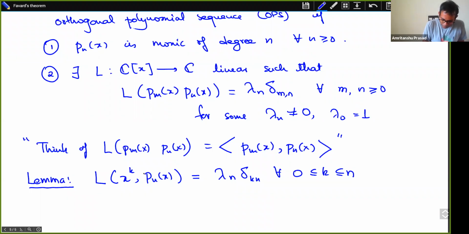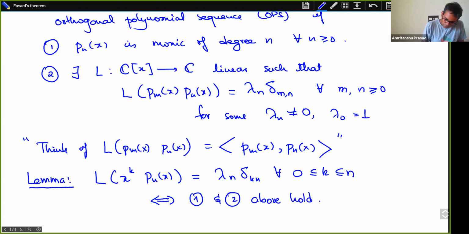So what we are saying is that P_n is orthogonal to all the monomials of degree strictly less than n. I won't use this inner product notation, I'll just use L. This holds with the same lambdas, if and only if these equations 1 and 2 above hold.